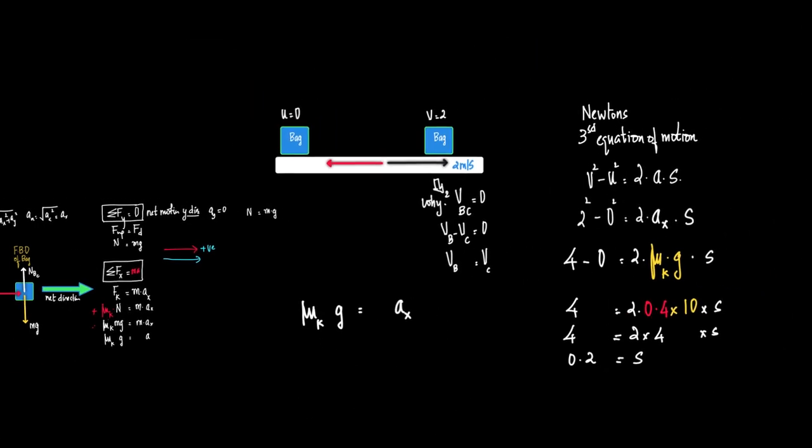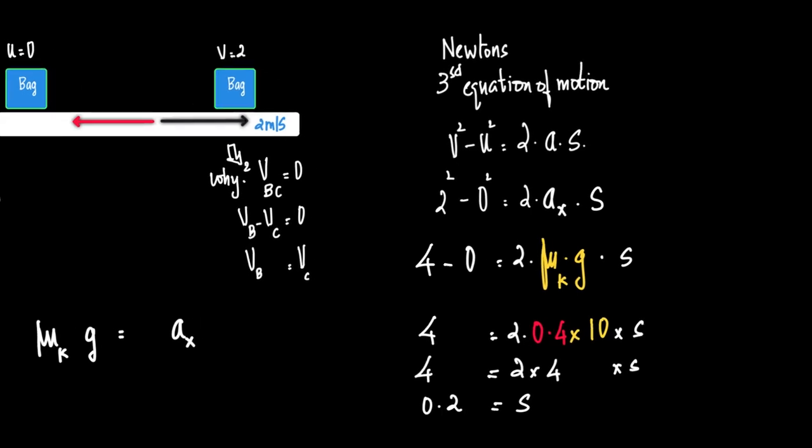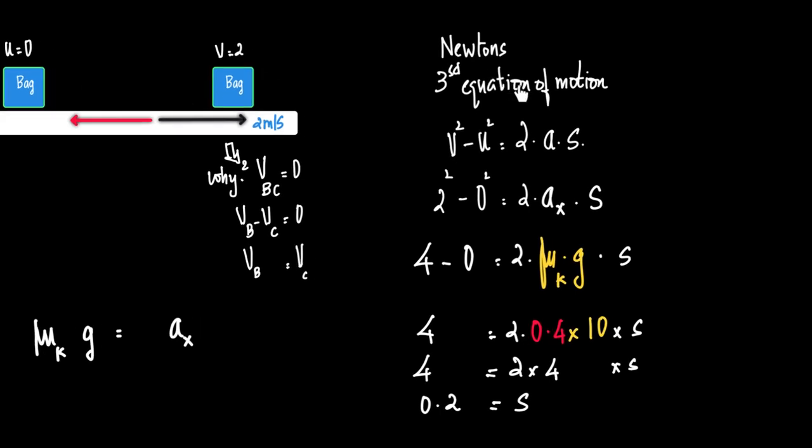Now we know by Newton's equations of motion that final velocity squared minus initial velocity squared is 2as. v is 2, initial velocity is 0, so 2 squared minus 0 squared is equal to 2 into acceleration, which is mu k into g, into s. Why mu k?